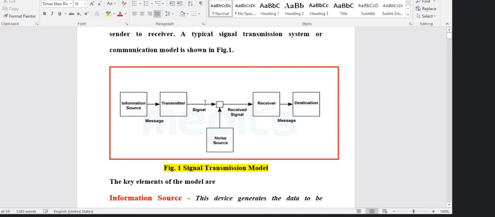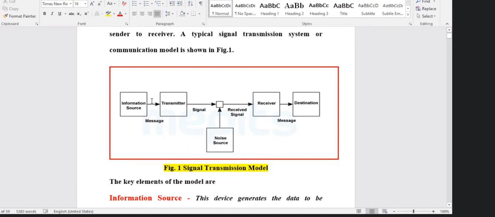But if we can send more information through the same channel at the same instant of time, then we can decrease the cost of signal transmission. And one of the functions of the transmitter is that it helps us to do modulation.